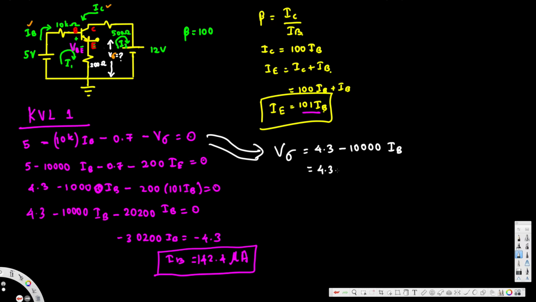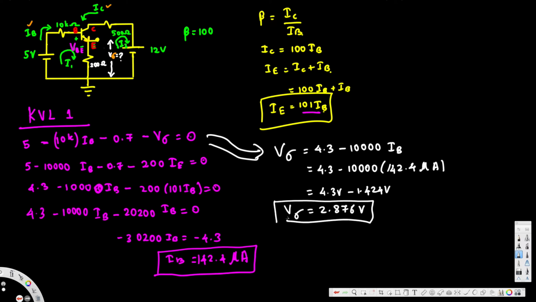So 4.3 minus 10,000 times 142.4 microampere, this is 4.3 voltage minus 1.424 voltage, and that's going to give us 2.876 voltage. This is V sigma. Now we have calculated IB and V sigma.